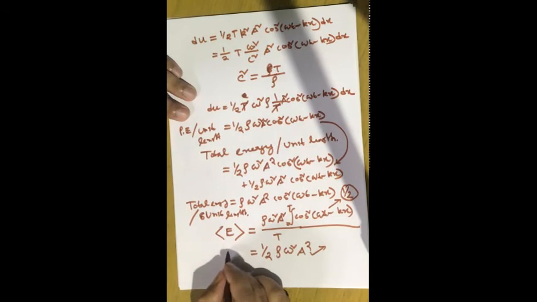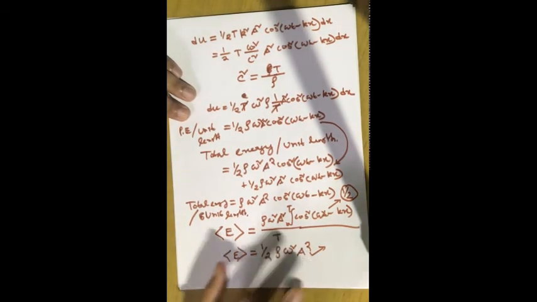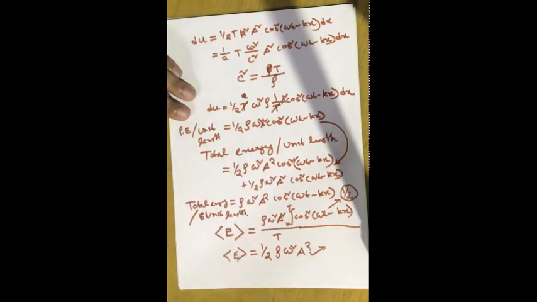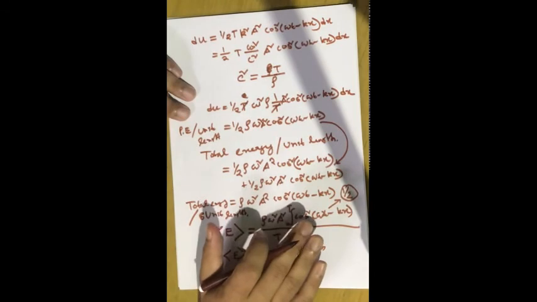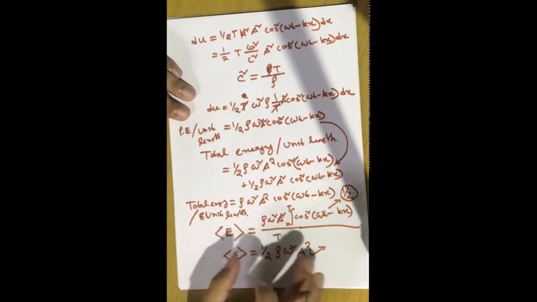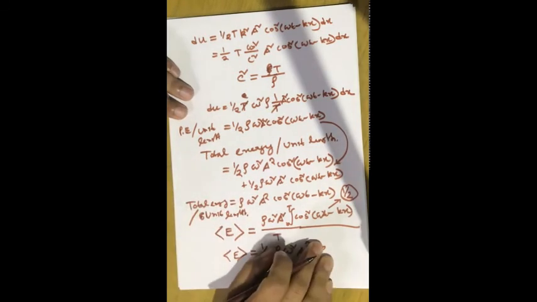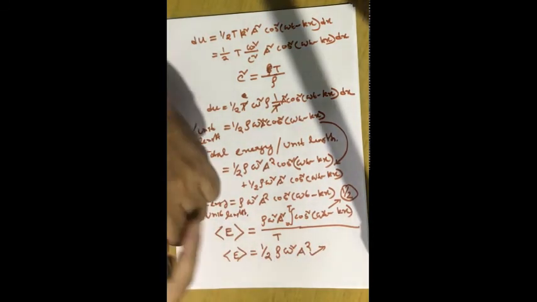So this expression you have to remember. This is a very important expression when we consider the reflection or the transmission of the transverse wave for a string. In the next class I am going to discuss a little bit about those things. Okay, so thank you.